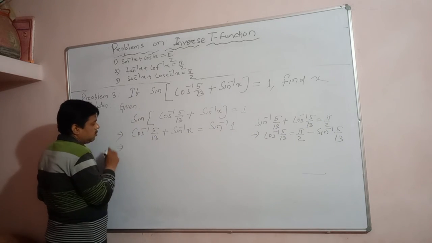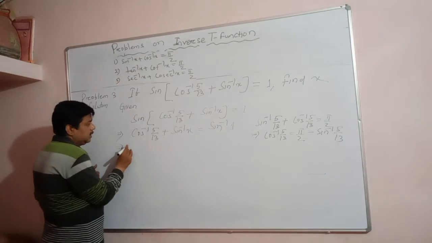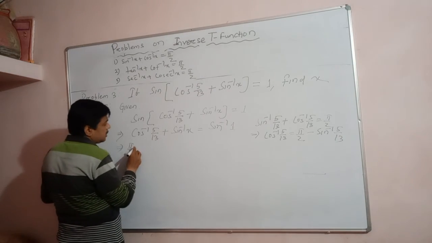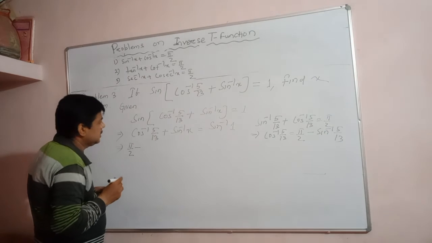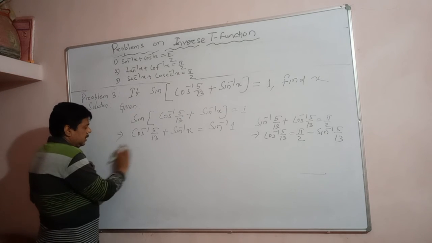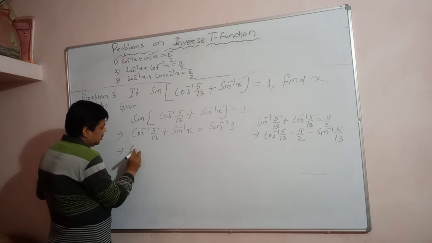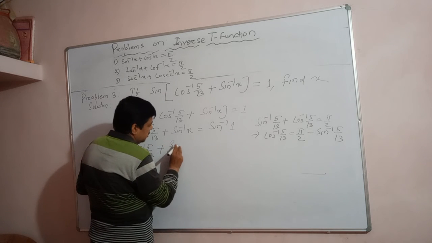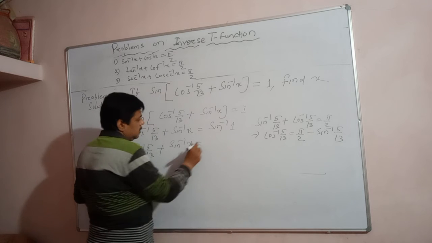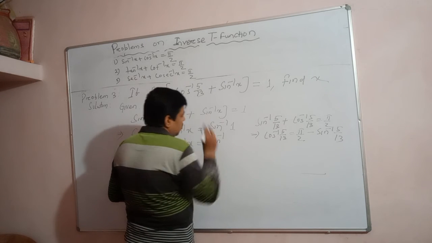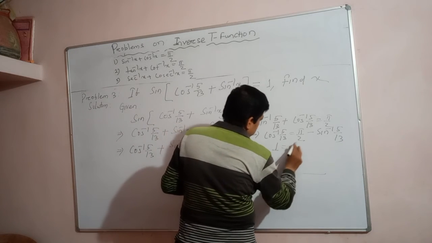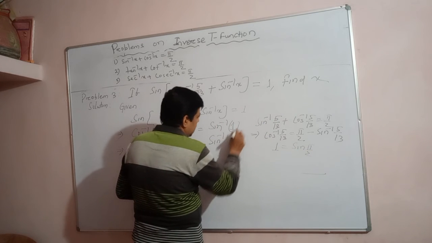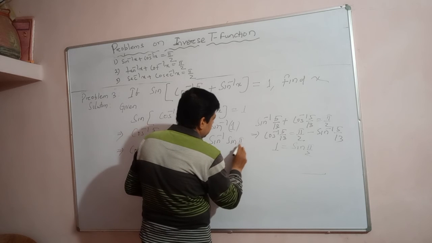Let us write this one. In place of cos inverse of 5 by 13, you write pi by 2 minus sine inverse of 5 by 13. Then cos inverse of 5 upon 13 plus sine inverse of x is equal to sine inverse of 1. You know 1 is equal to sine pi by 2, so in place of 1 we write sine pi by 2.